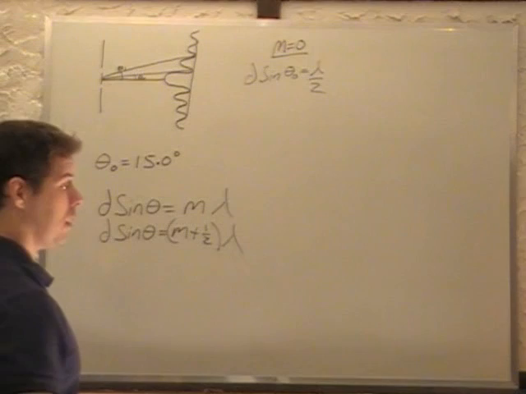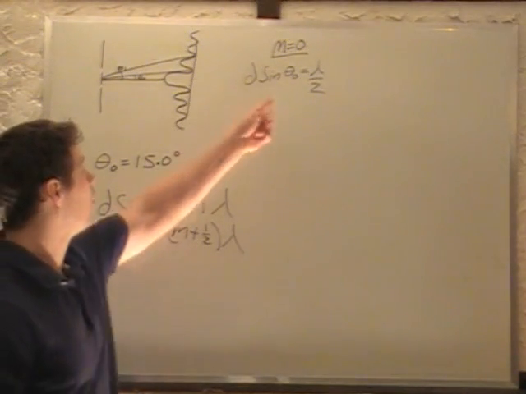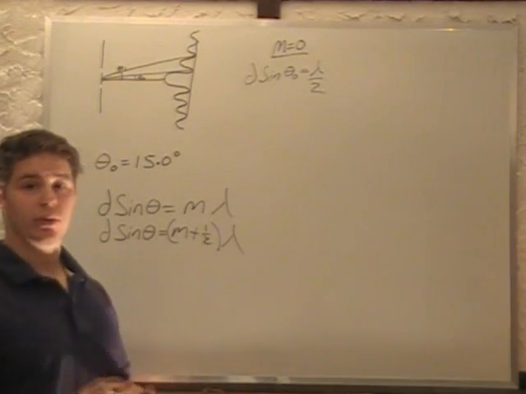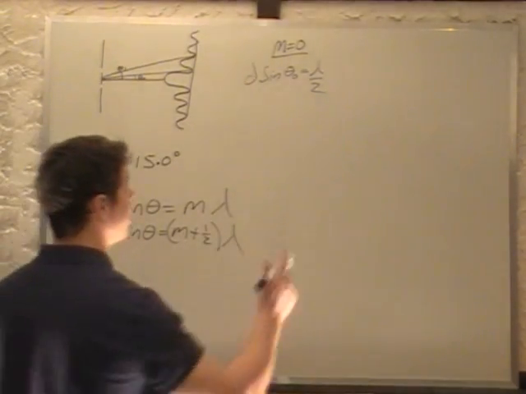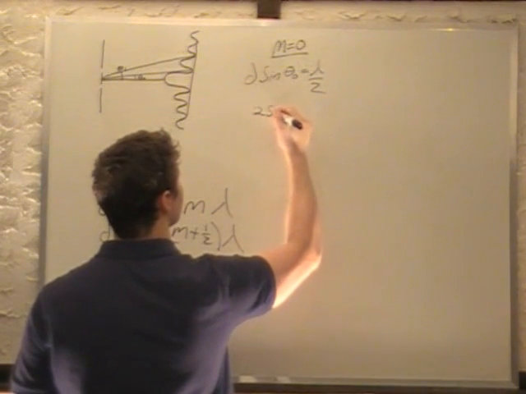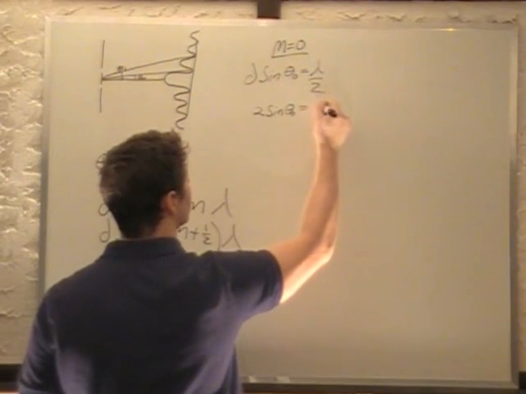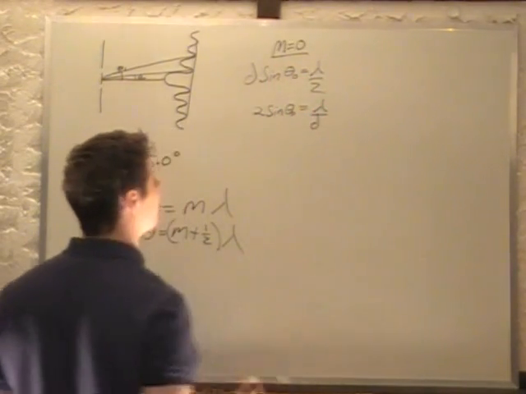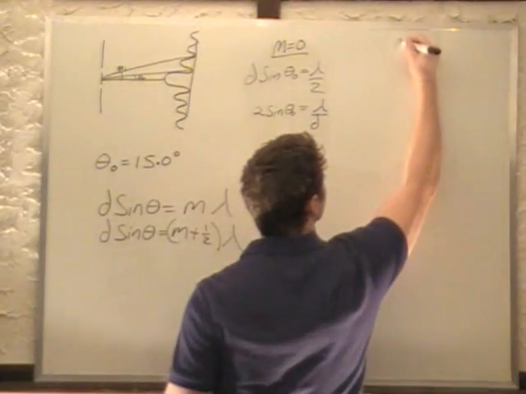We don't know the wavelength, and we don't know d. All we know is sine theta. So I'm going to put our knowns on one side and our unknowns on the other. We get 2 sine theta equals lambda over d. That's basically a constant in this problem.